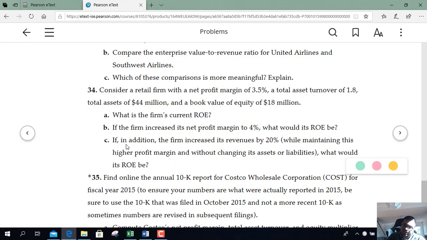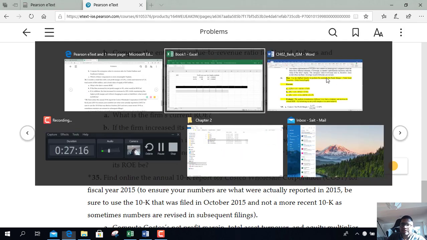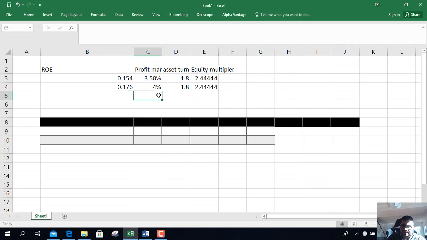Now in the third case, what are they asking? The firm increases its revenue by 20% while maintaining the higher profit margin without changing its assets or liabilities, right? So revenues are going up. So where do revenues come in? Revenues come in asset turnover. Asset turnover is sales divided by total assets. So this is going up by 20%. So instead of 1.8, it will be going up by 20%.